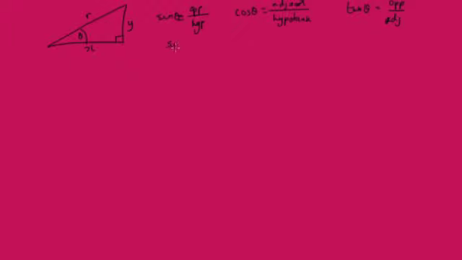And so we can write that as sine of theta equals y over r, cosine of theta equals x over r, and the tan of theta equals y over x. All nice and simple.